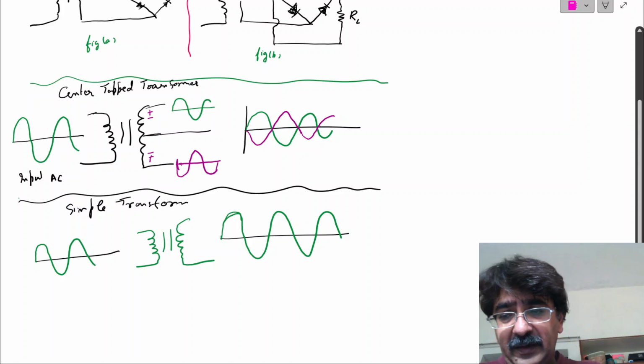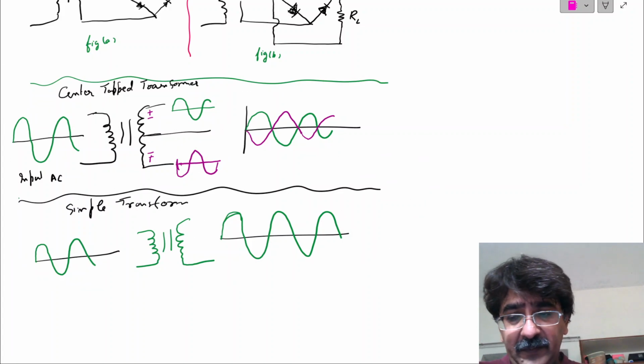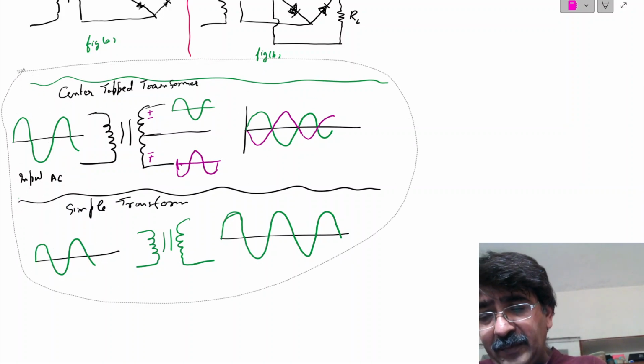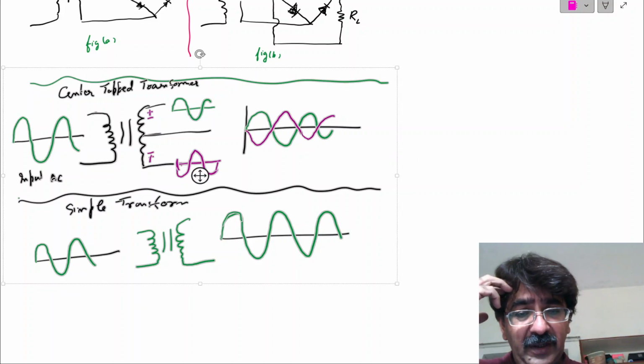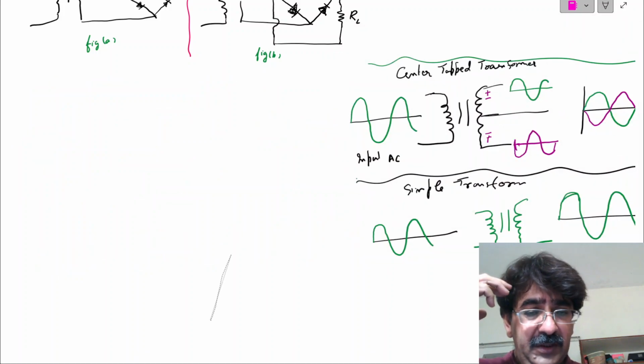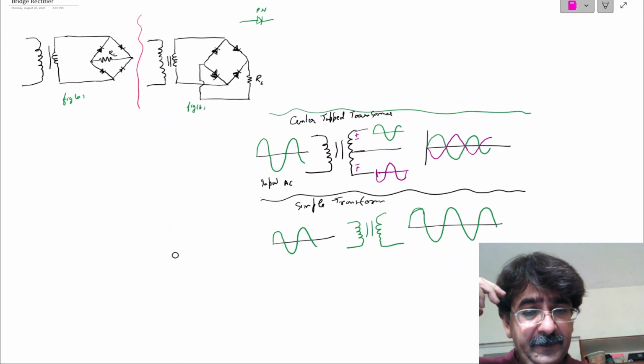In the bridge rectifier we are not using the center tap transformer, so I will shift it toward the other side. Actually, we need the circuit diagram of the bridge rectifier.